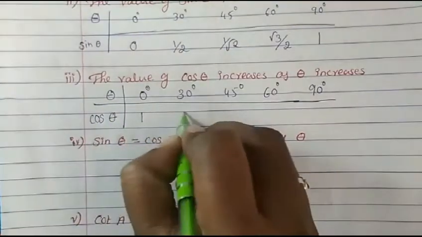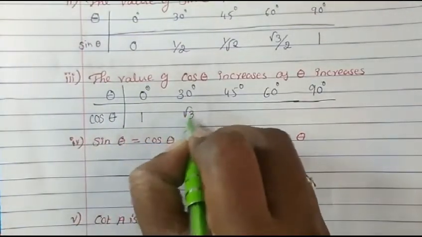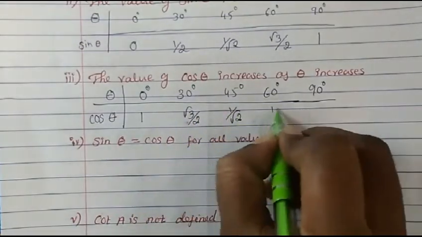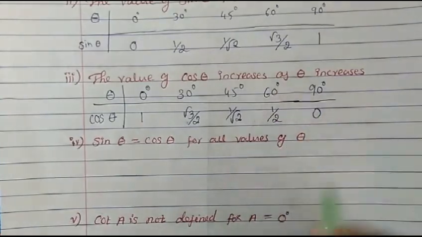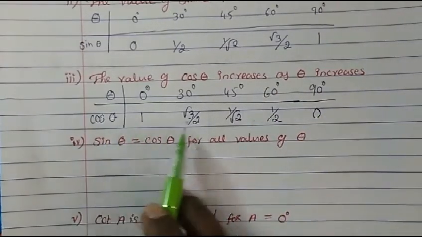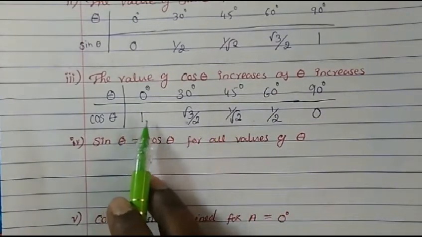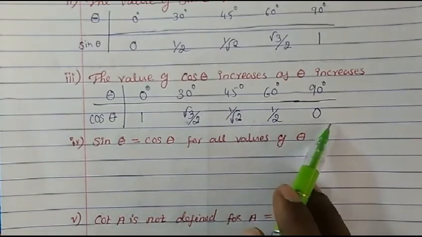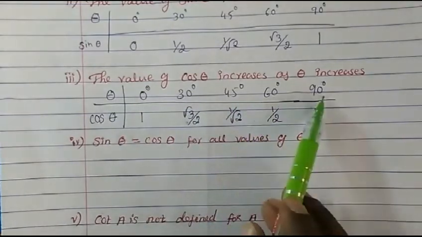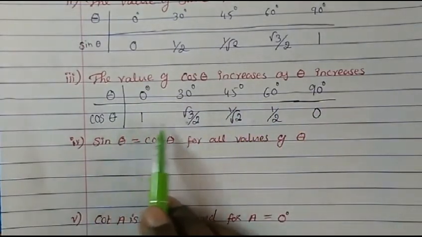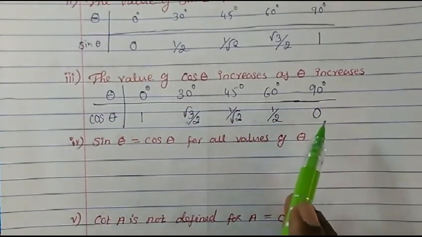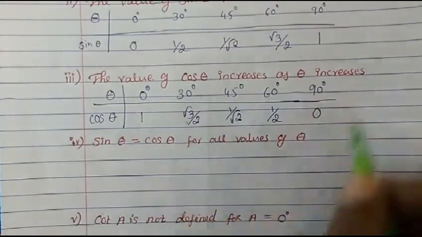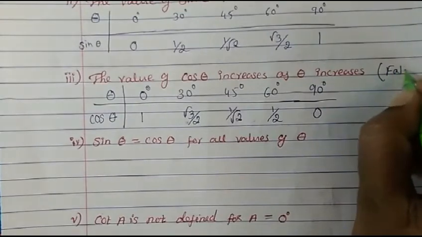Cos theta is 1, then root 3 upon 2, 1 upon root 2, then 1 upon 2, then 0. So as theta is increasing, is cos theta increasing? No, it is decreasing. So the statement that the value of cos theta increases as theta increases is false.